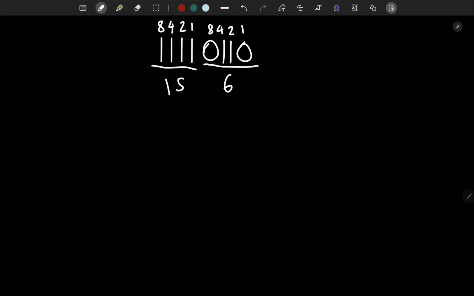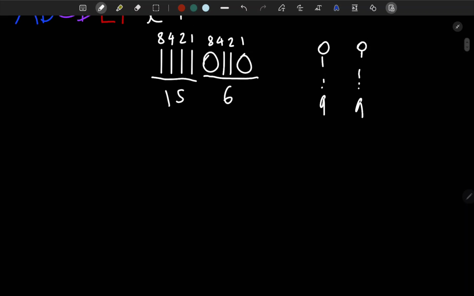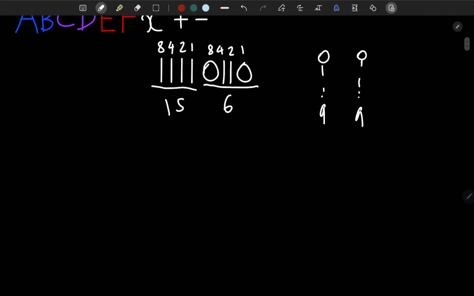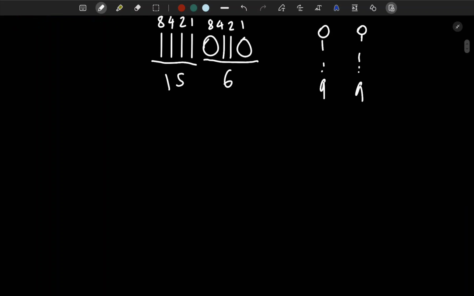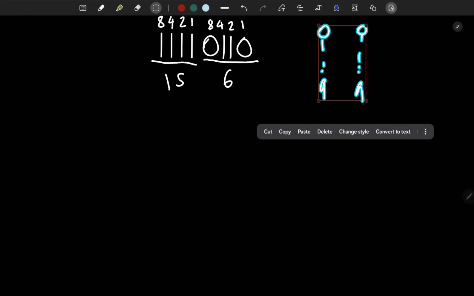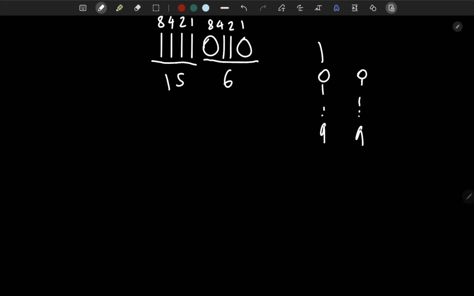Now the other thing you need to know is how we represent numbers in decimal to hexadecimal. From 0 to 9, they are the same in decimal and in hexadecimal. So let me just write decimal to hexa here.